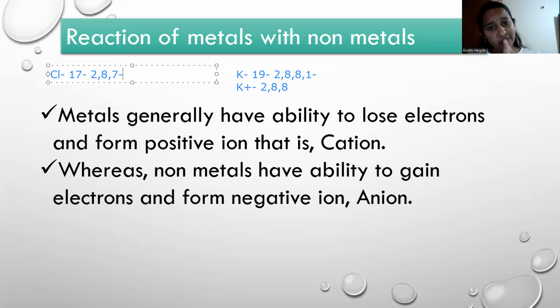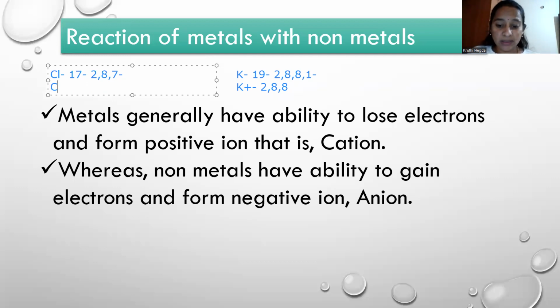Instead, it can gain 1 electron and make 8 electrons in the outermost shell, which lets it reach stability. As it gains 1 electron, it becomes Cl minus, with the electronic configuration 2, 8, 8.